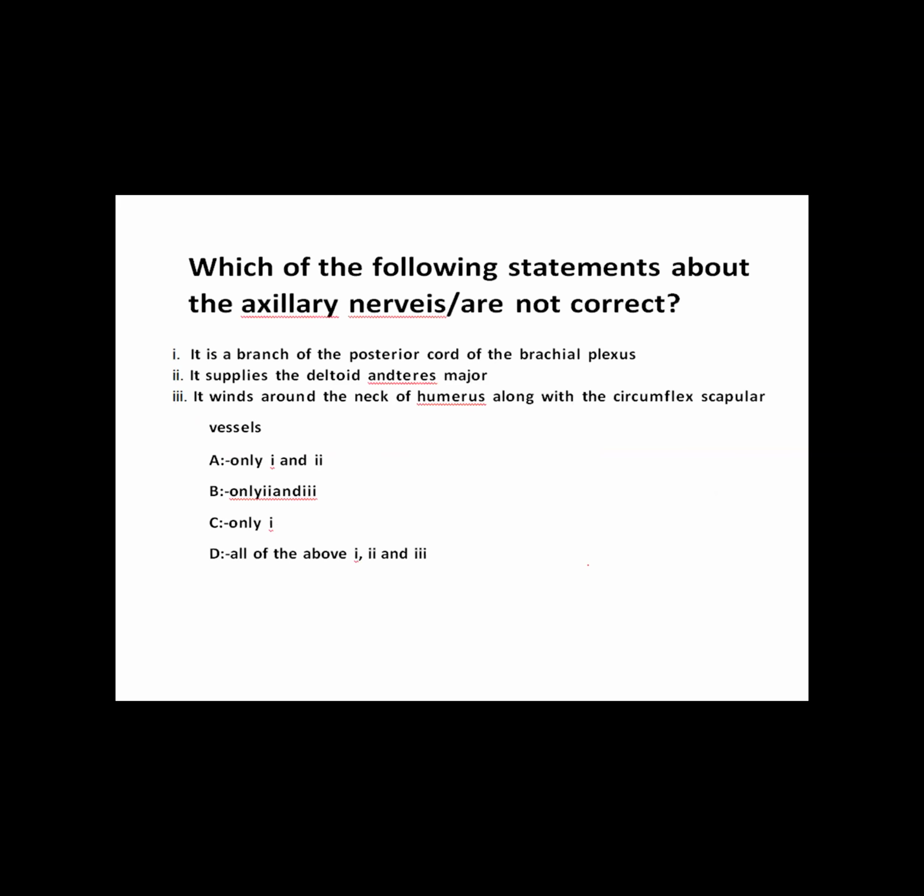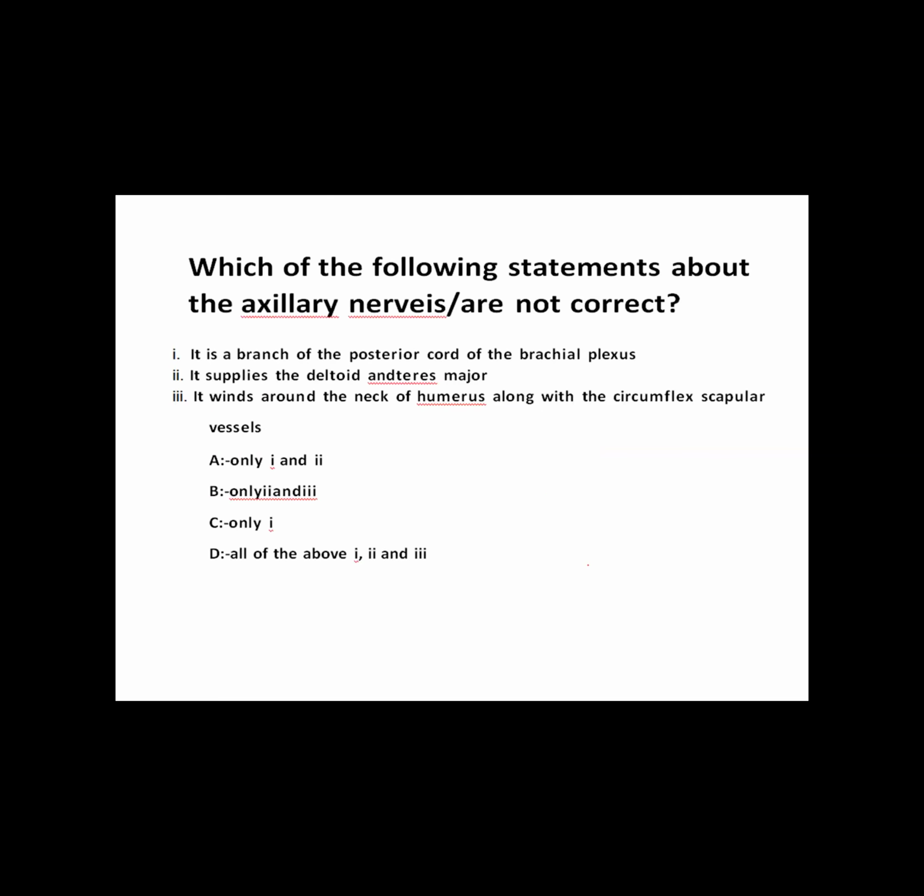It winds with the circumflex scapular vessels. It is also false. It passes with the posterior circumflex humeral vessels and not circumflex scapular. So you see, second and third statements are incorrect. So option B, that is the answer. Option B.